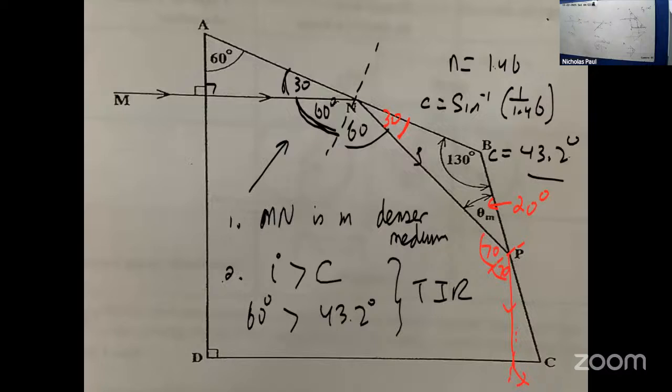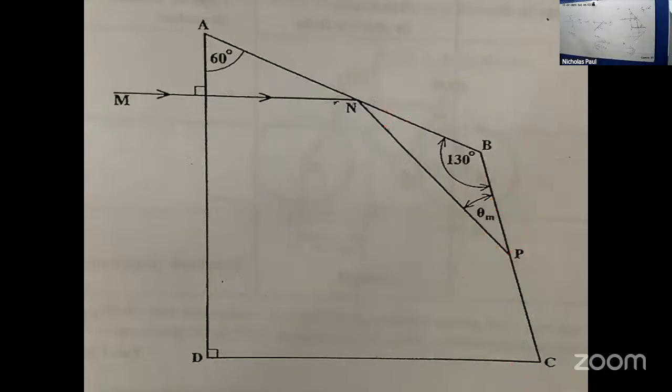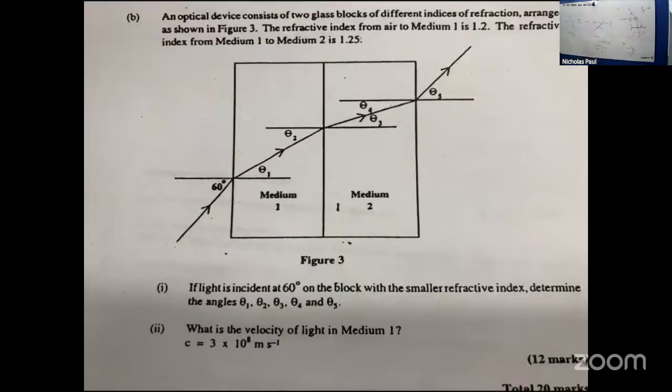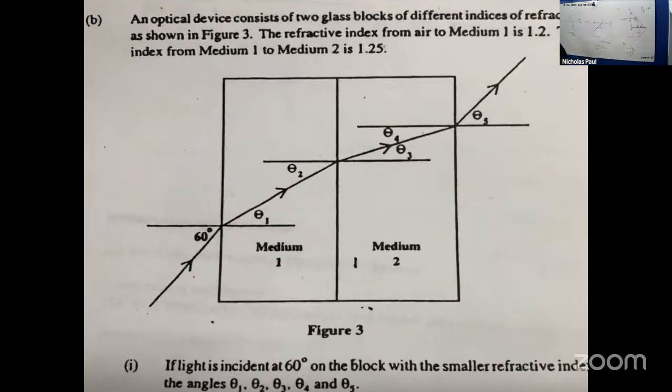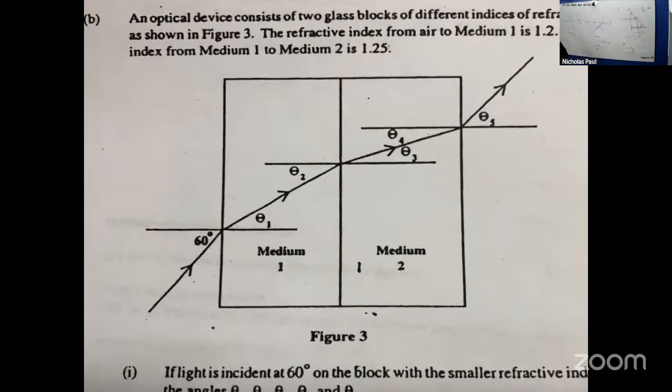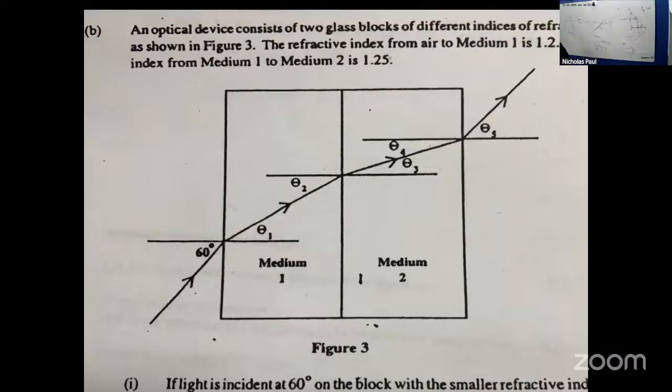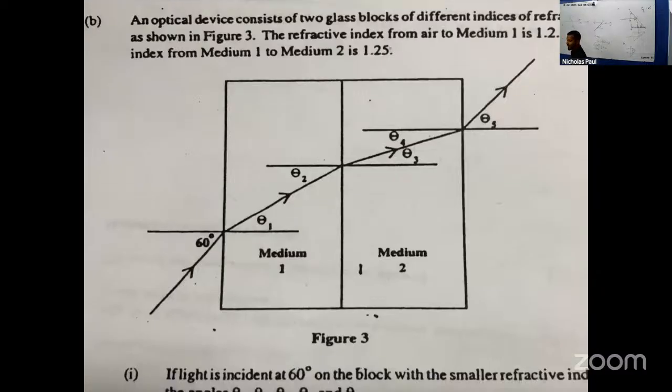One more. I know we don't have much time, but everybody ready? Last one. They want us to find theta 1, theta 2, theta 3, theta 4, theta 5. Theta 2 is easy to find. Theta 2 is the same as theta 1. And theta 4 is the same as theta 3.